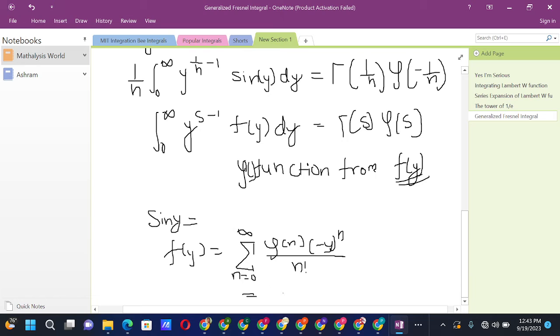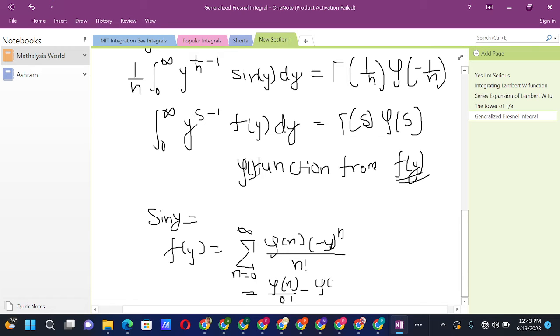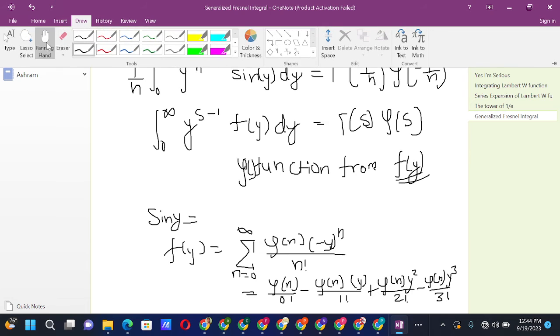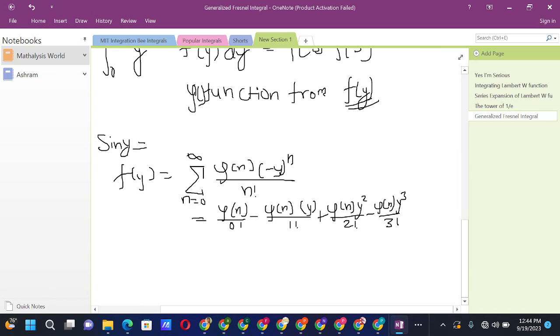That is, at n equals 0 it is phi of 0 by 0 factorial, and at n equals 1 it is minus phi of 1 times y by 1 factorial, plus phi of 2 y squared by 2 factorial, minus phi of 3 y cubed by 3 factorial, and we continue, plus phi of 4 y to the power 4 by 4 factorial, and so on.